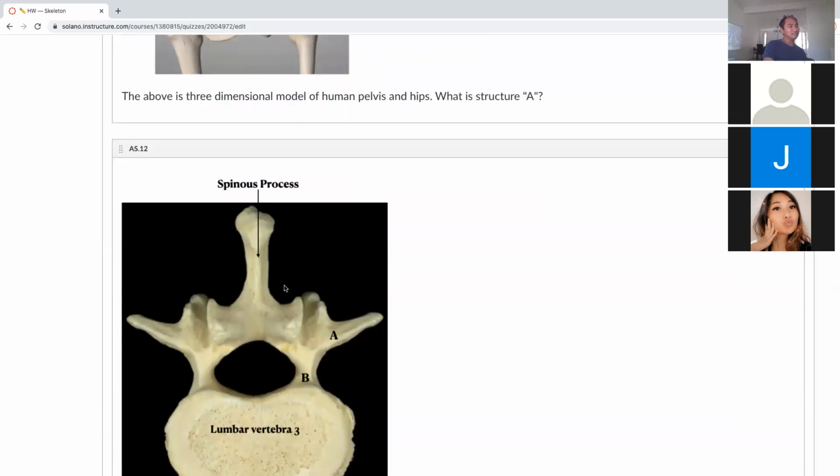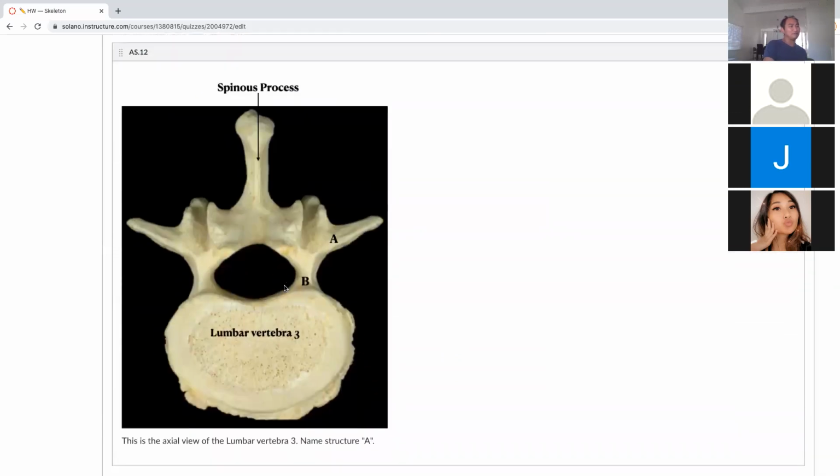And this is the vertebral body. Anything coming out from the vertebral body is the pedicle. And joining again to each other is the lamina. And this is the spinous process. And this is going outwards, transverse, and therefore this is the transverse process.